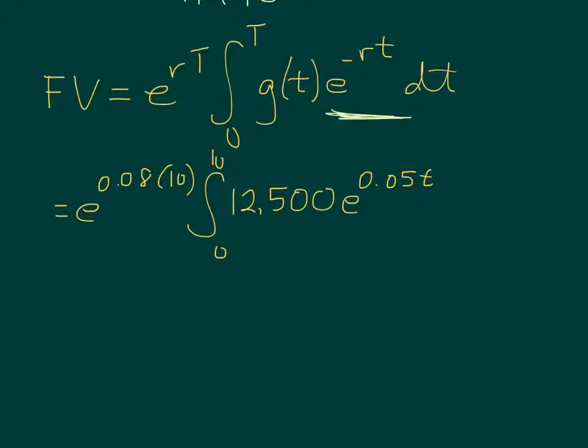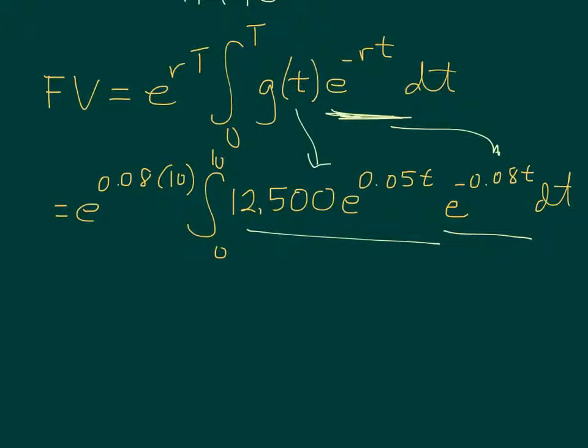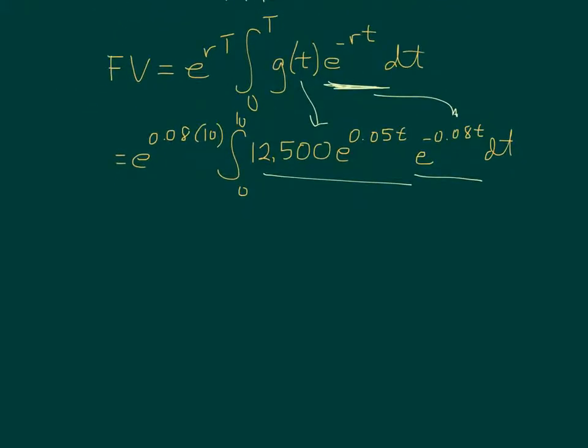Now I'm to this piece right here, so I just copy it, which is e to the negative 0.08 t dt. This is typically the part that throws students, because you have two e's, you just happen to have an e in your function, and that's okay, because when we multiply and the bases are the same, we simply add the exponents.